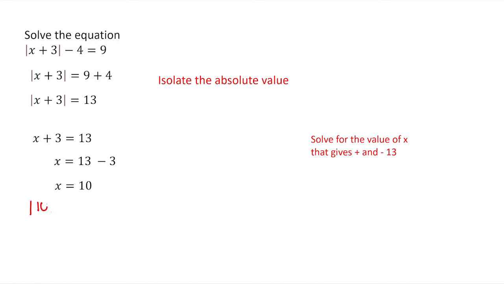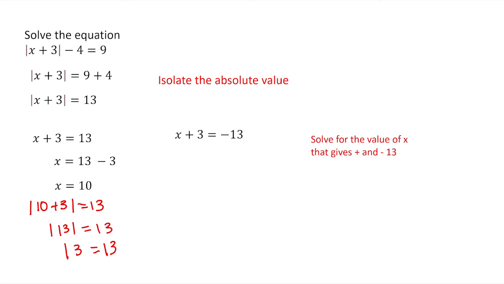So substituting in 10 for x, I get 10 plus 3 equals 13. That means our absolute value of 13 equals 13. So we can see that our equation is correct.